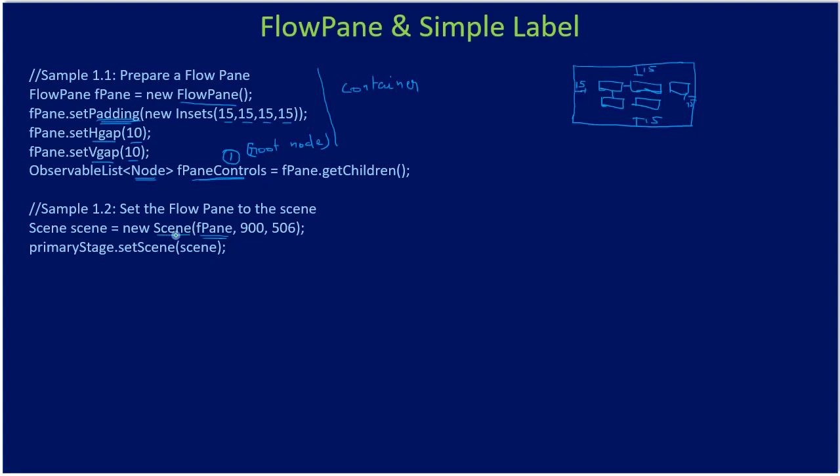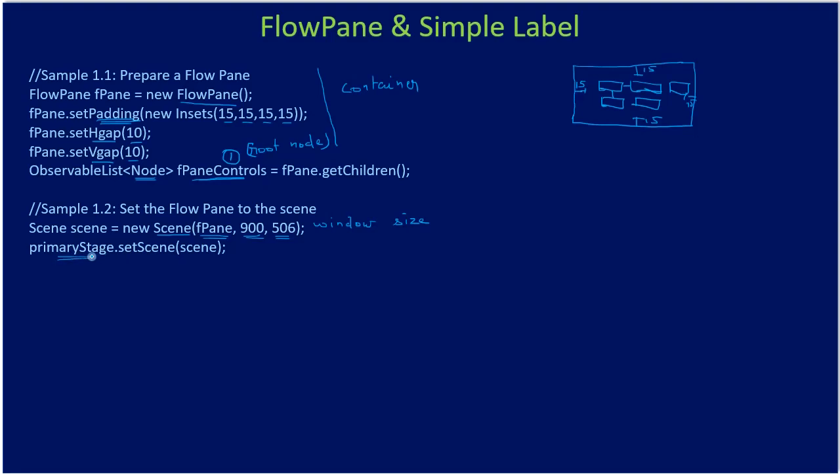So we are creating a scene, and this time we are passing the FlowPane to the scene, with a scene size of 900 width and 500 height. That defines the window size, and we can call it a scene, and we are setting that scene to our primary stage.